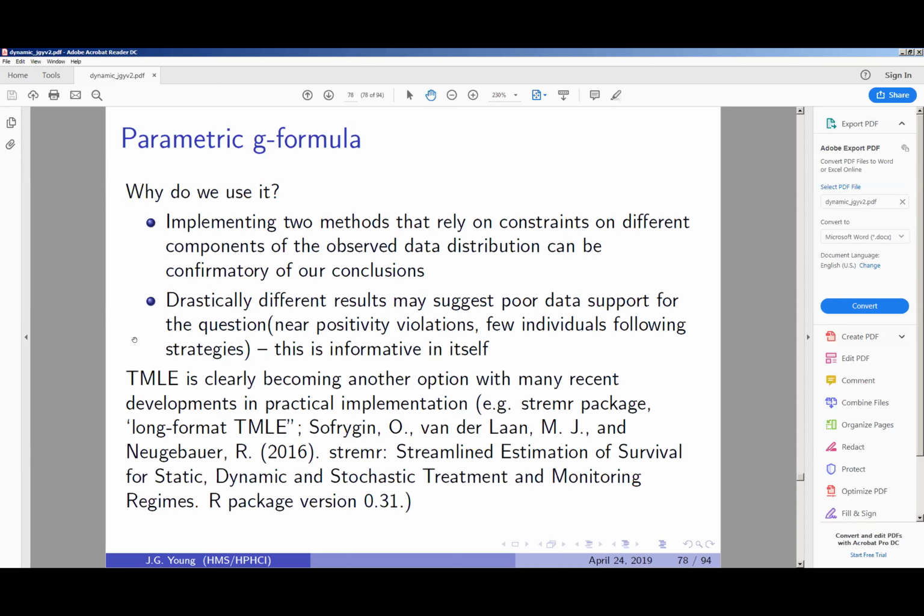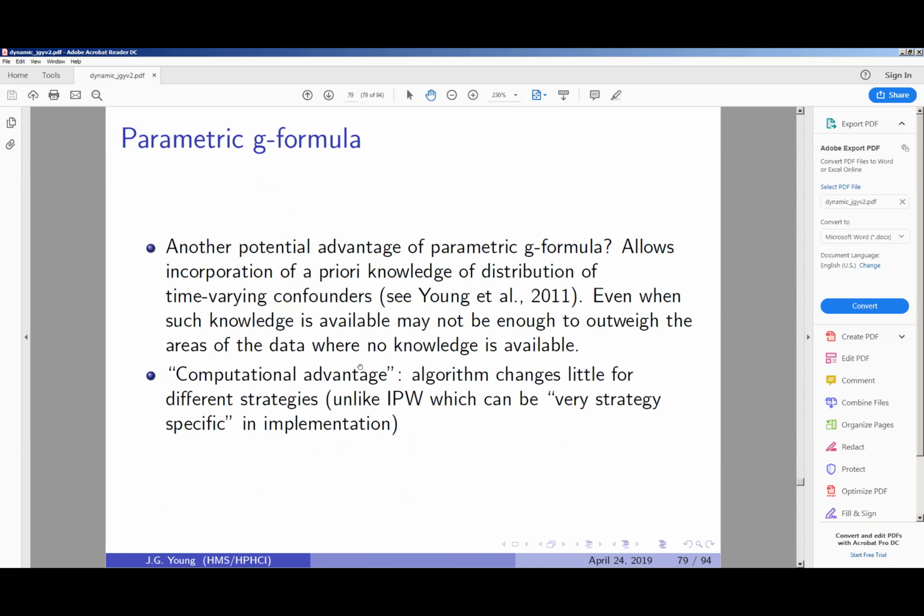So there are more and more implementations of TMLE that work, my understanding is, with real world high dimensional data with these very long follow-ups. I think that was the purpose of STREM-R. This is kind of my thoughts on the comparison.